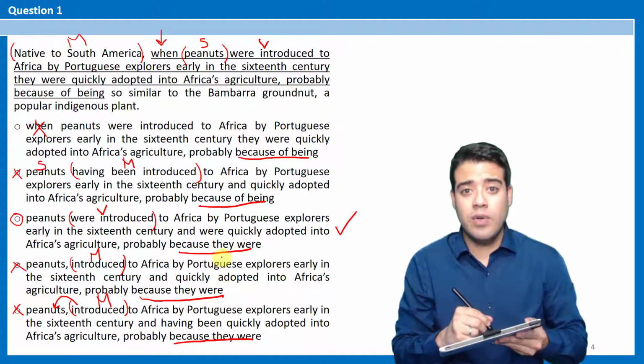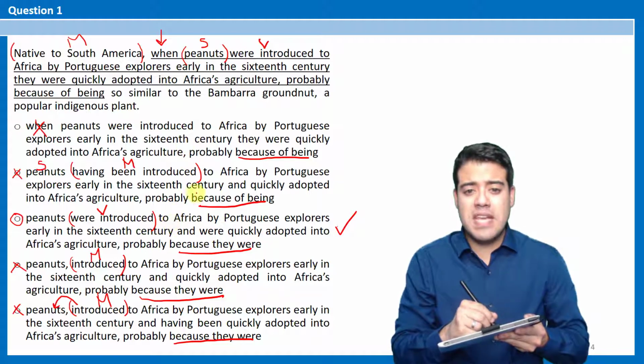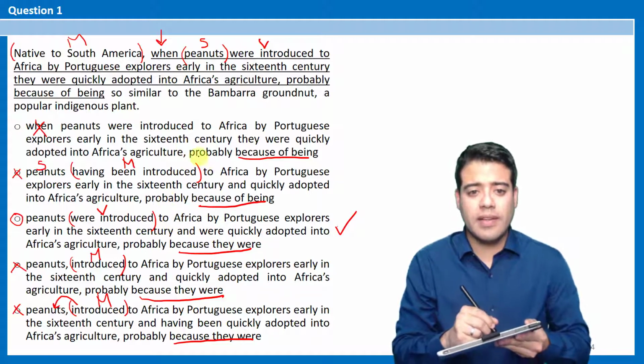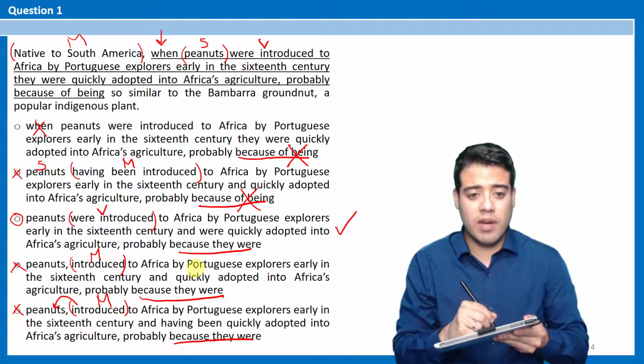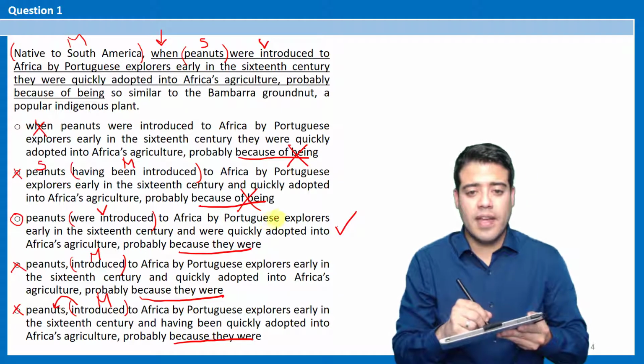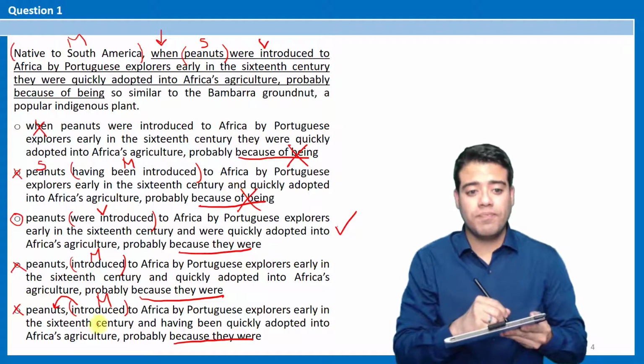Because of plus a noun, or because subject verb. Because of being will always be incorrect. This cannot be right. Just to keep in mind. So the only ones you have left are because they were in 3 answer choices. Again, the third one was the best choice.